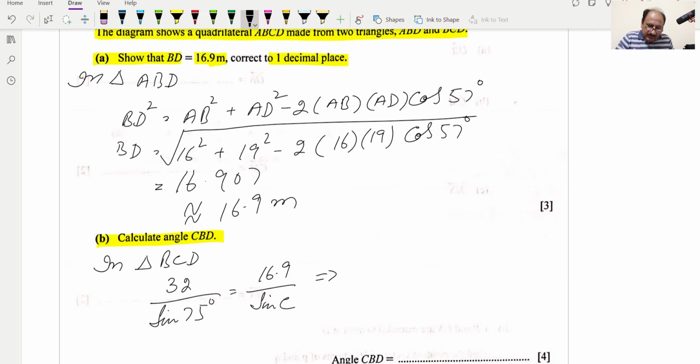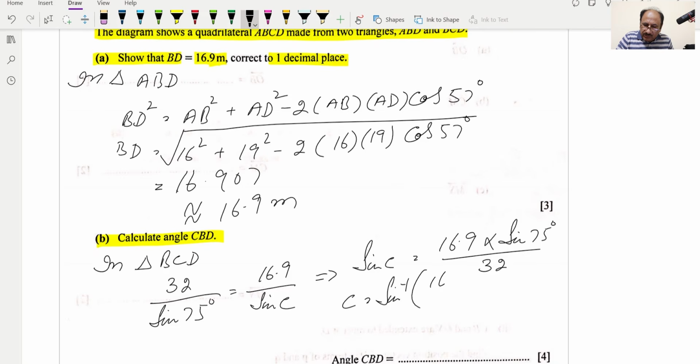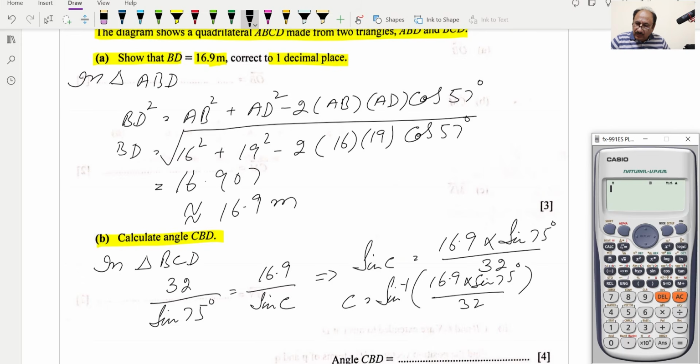This implies sine C is equal to 16.9 multiplied by sine of 75 degrees, and this will be divided by 32, not degrees, 32 basically. So C will be equal to sine inverse of 16.9 into sine of 75 degrees divided by 32, and again your calculator should be in degree mode.